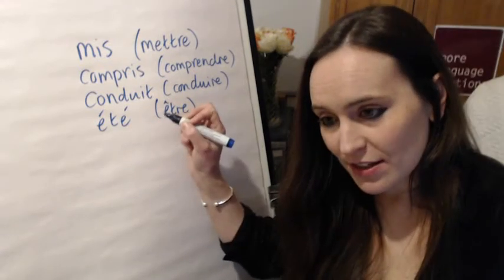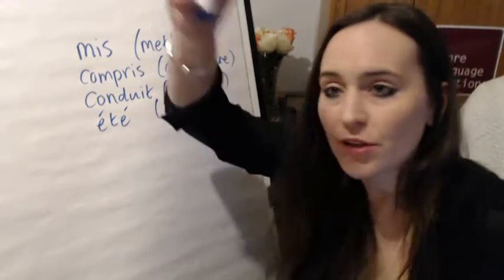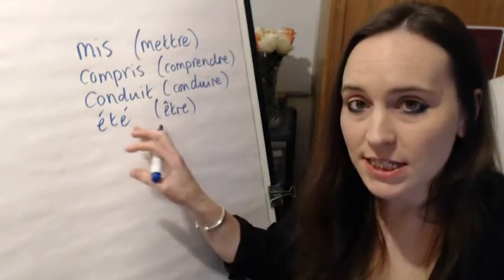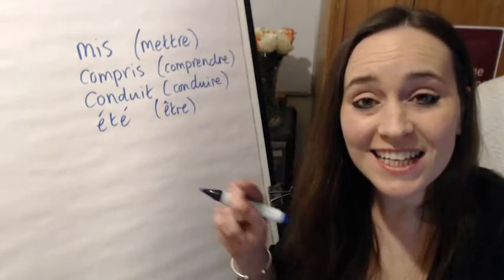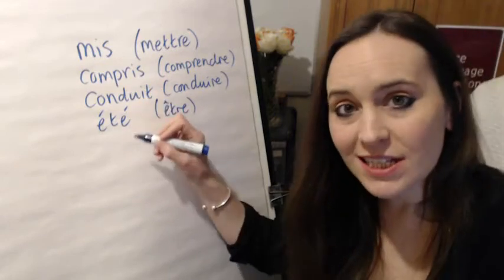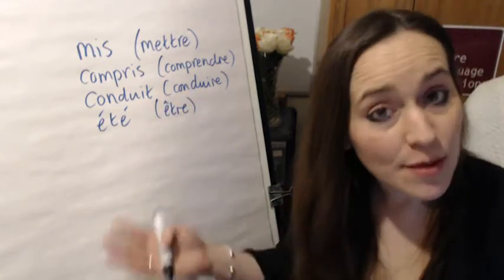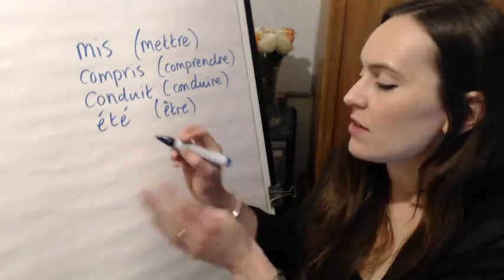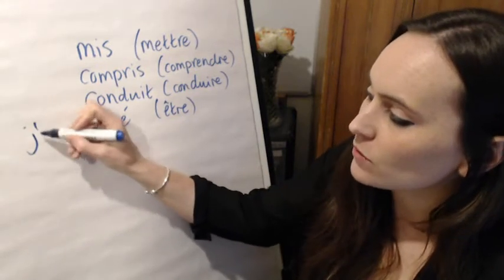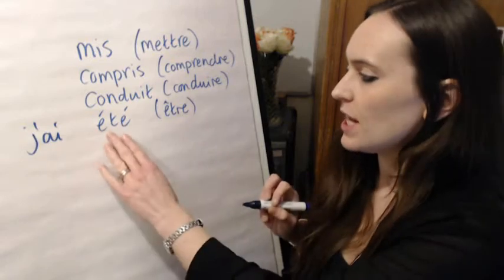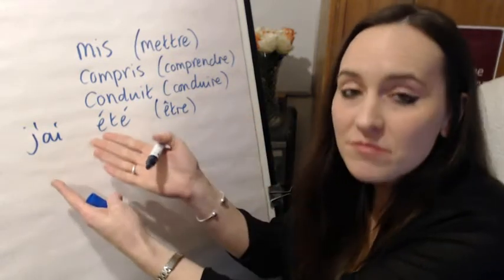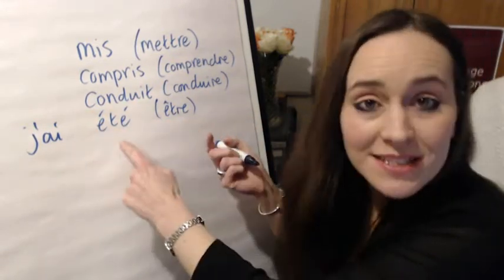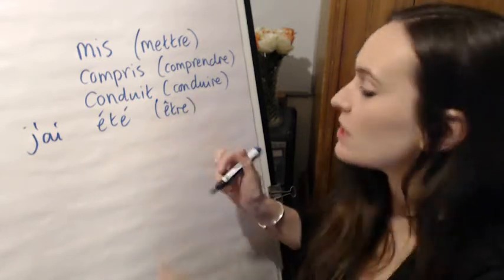If you just saw that word floating on a page, you might also think it's the noun l'été, L-apostrophe-E-T-E, which means the summer. Rien à voir. Donc là, avec l'auxiliaire, j'ai été malade, ça veut dire que c'est le participe passé, mais c'est irrégulier.